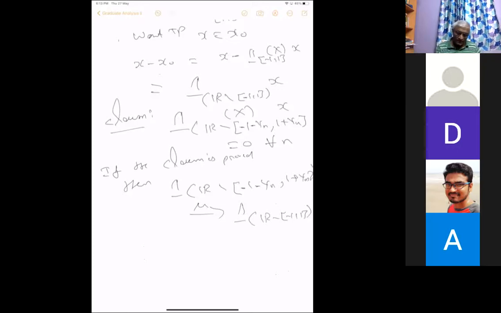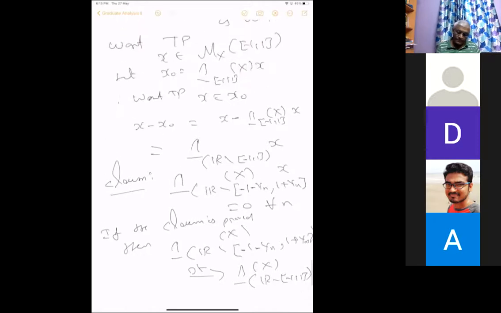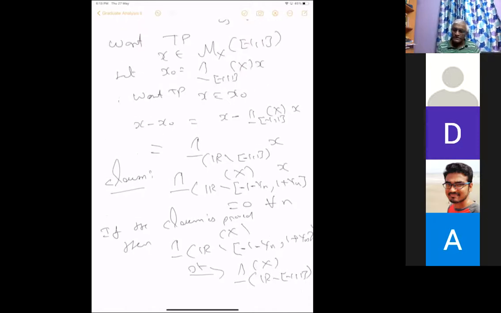So this implies the corresponding projection of x converges to x strongly. So this times x equal to 0 for all n means that the limit is also equal to 0, right? We want to prove this is equal to 0. We want to prove x equal to x naught. We want to prove x minus x naught is 0, which is equal to this projection applied to x.